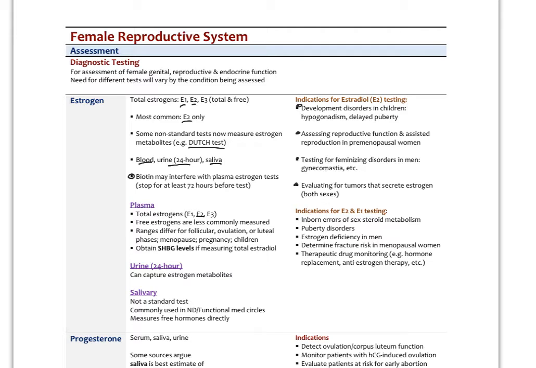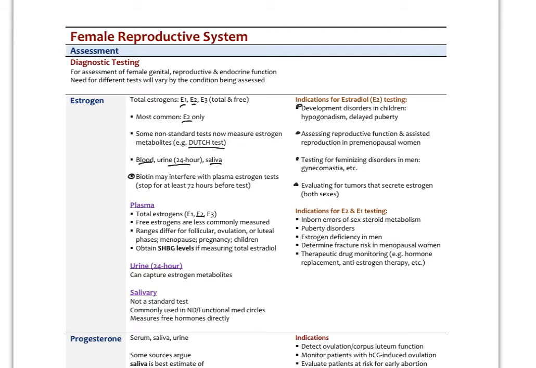We typically don't measure estradiol levels if we're in menopause, and I'll get back to that later. But sometimes, or often, there's a need for it in evaluating premature ovarian failure. So we'll go over that.